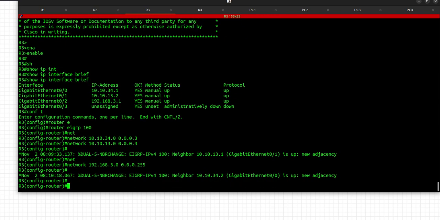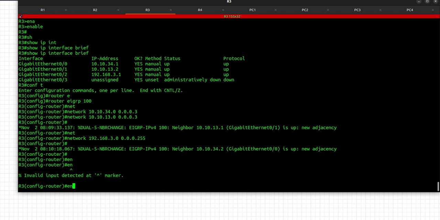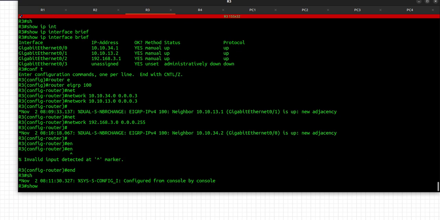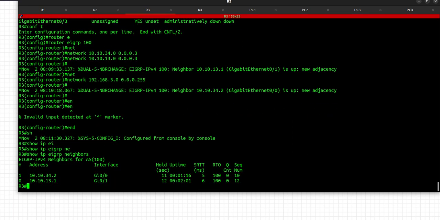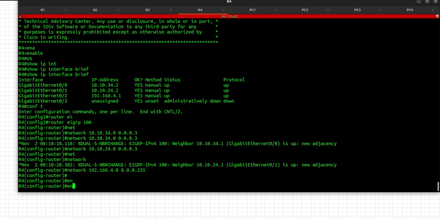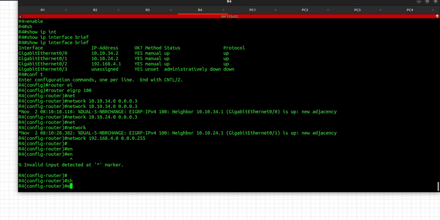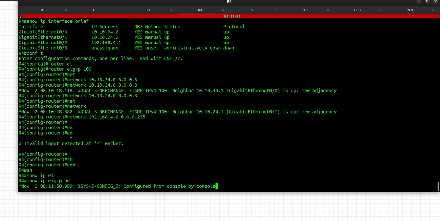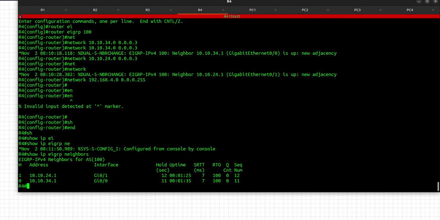Let's check router 3, show ip eigrp neighbor. Router 3 has established neighborship with router 4 and router 1. And the last one, show ip eigrp neighbor: router 4 has neighborship with router 2 and router 3.